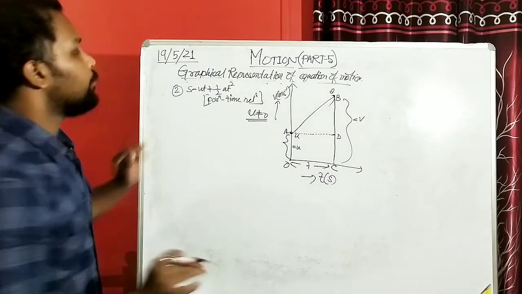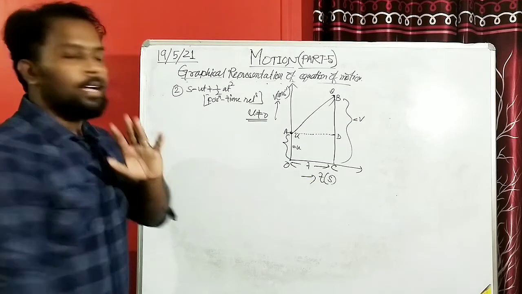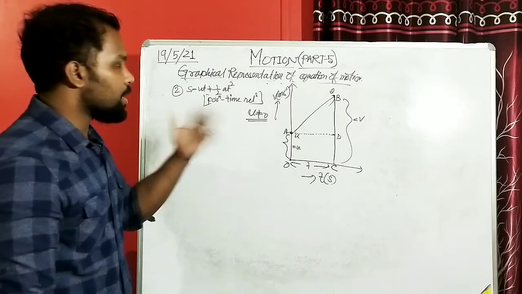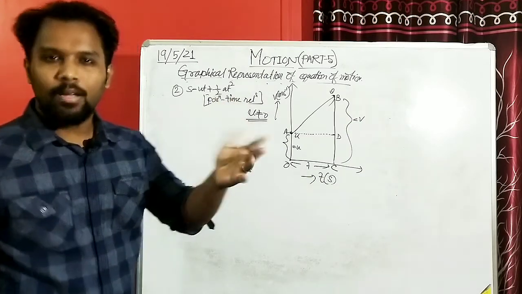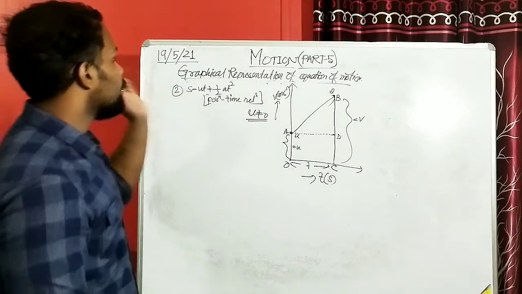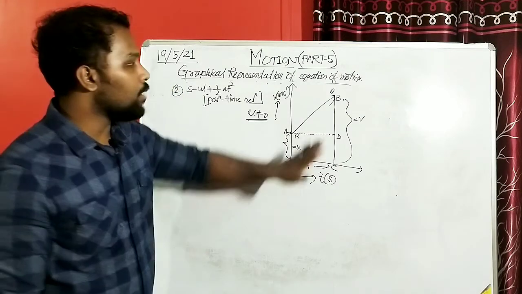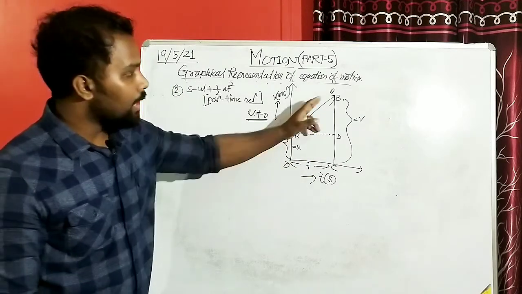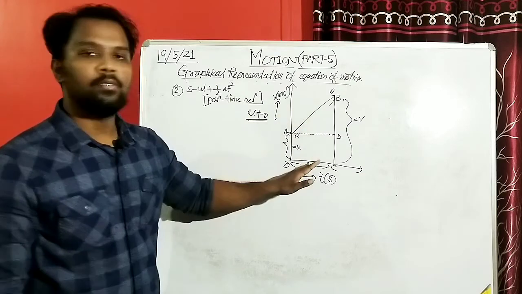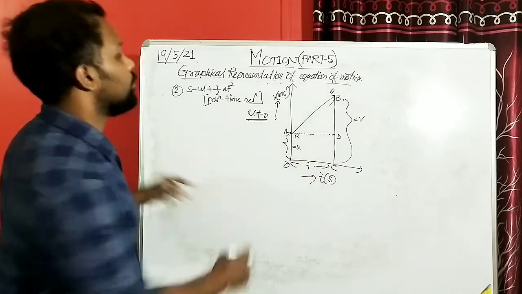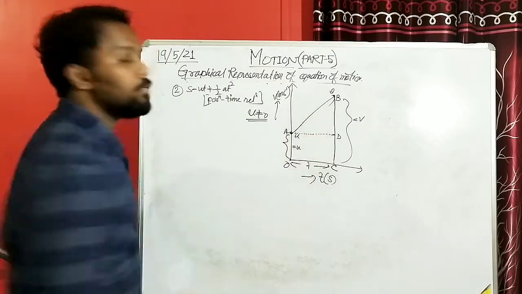Now, I told in the last video when we were discussing the velocity time graph, acceleration time graph, distance time graph, that when we need to find out the distance or displacement, we have to find out the area under this curve or under this line. If you clearly observe, this is nothing but a trapezium.